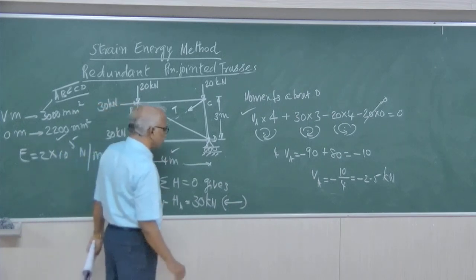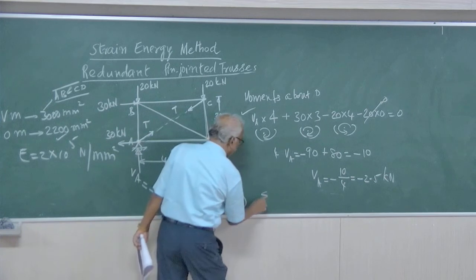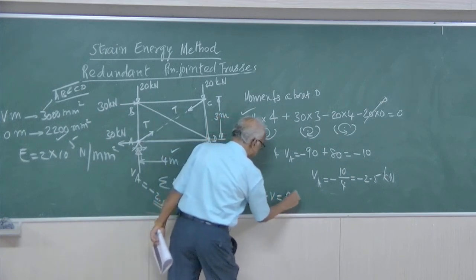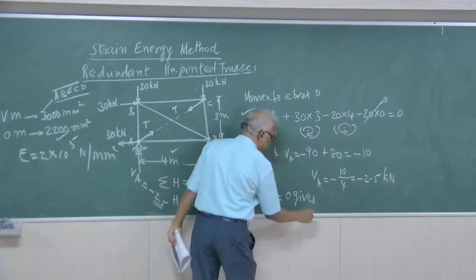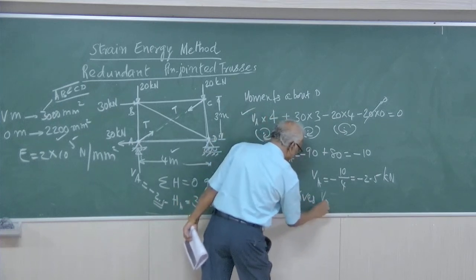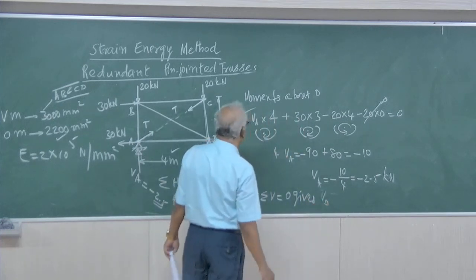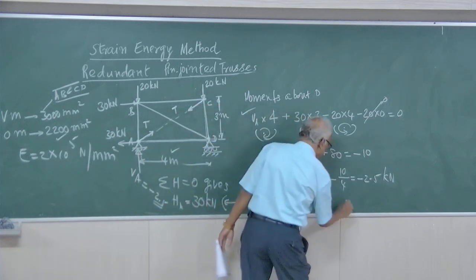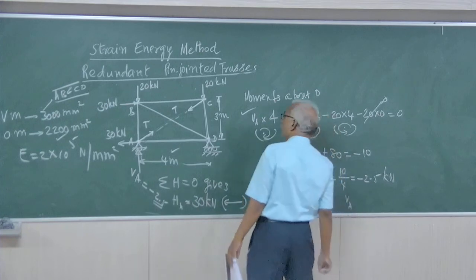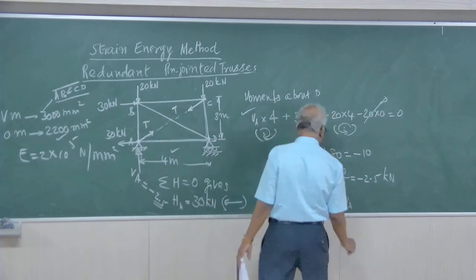Then sigma V equal to 0 gives the value of VD. What you do is, you have VA, then the other one is 20.